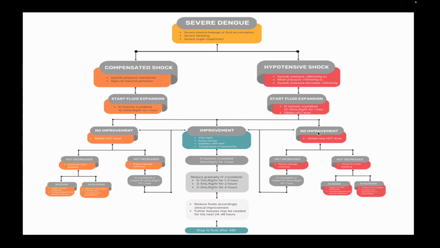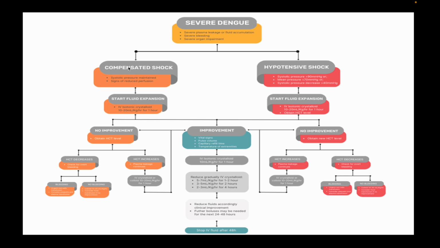Now, if there is no improvement, then obtain a new hematocrit level. If the hematocrit level is increasing, then there is more plasma leakage, and you have to give more fluids. If there is a decrease in the hematocrit level, then check for overt bleeding signs. If there is bleeding, then transfuse. If there is no bleeding, then continue giving the fluids.